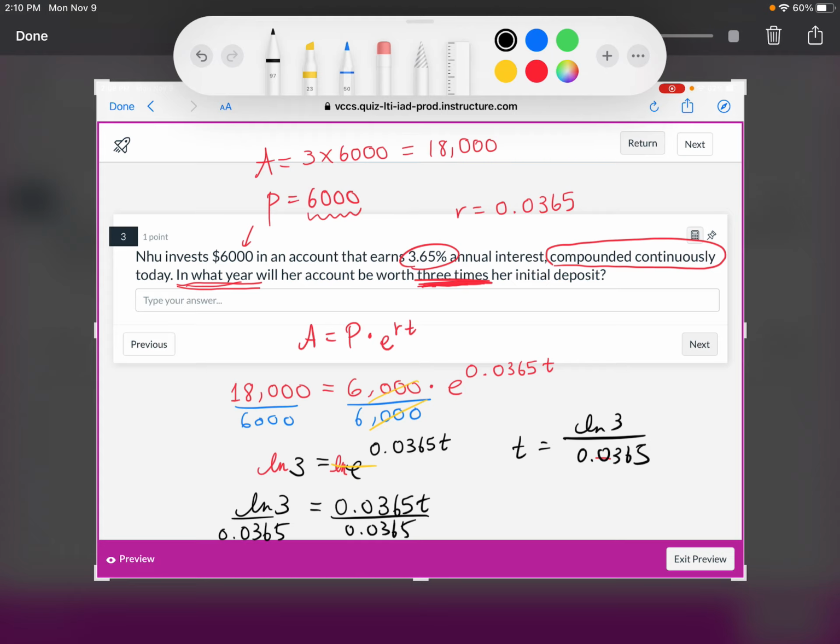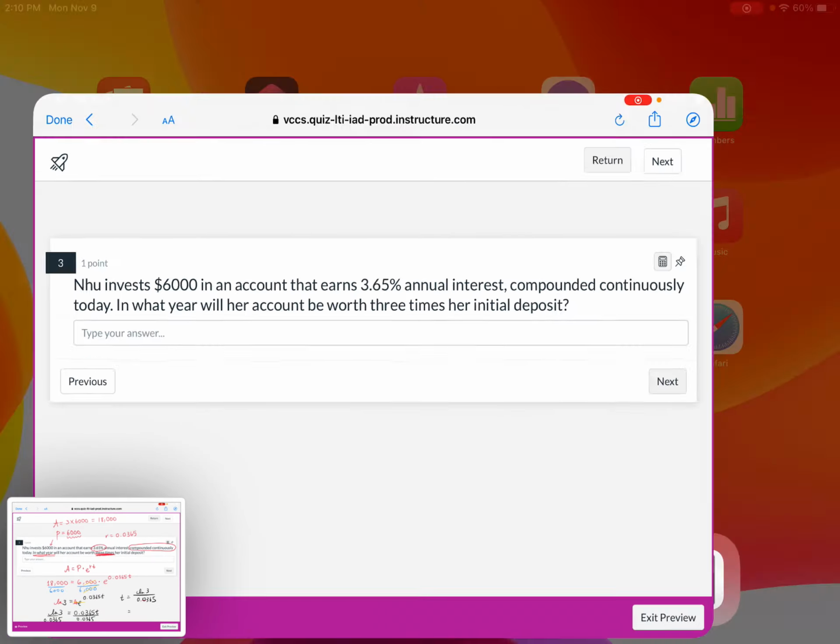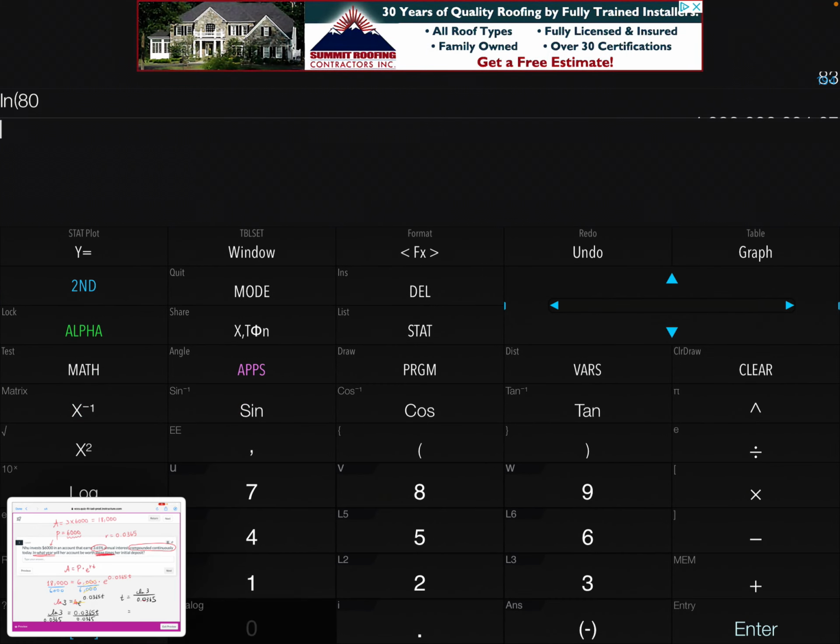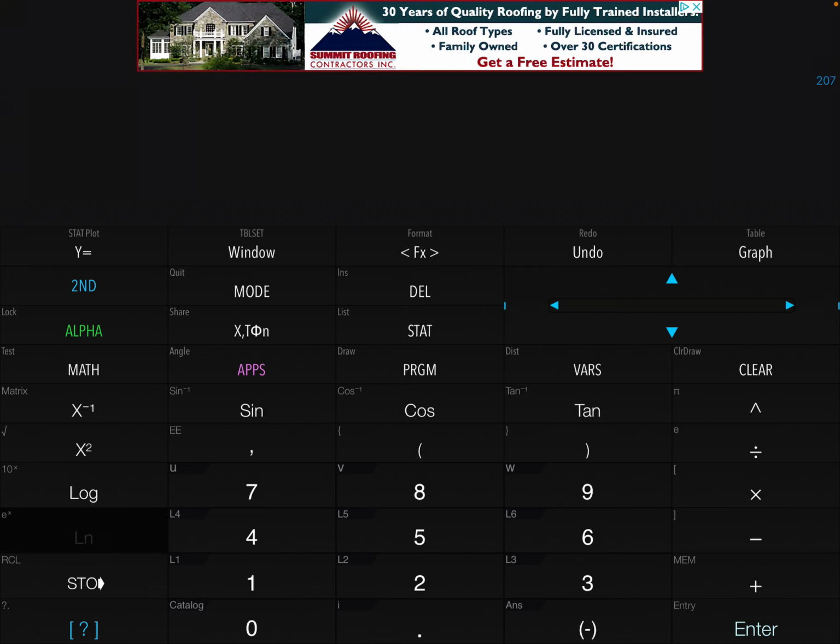All right, I need to type this into a calculator. It was the natural log of 3 divided by 0.0365. And it says 30. So in 30 years, Nu will have 3 times her original investment.